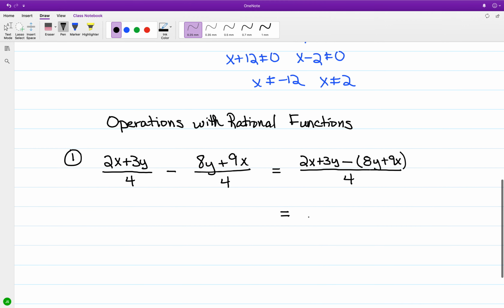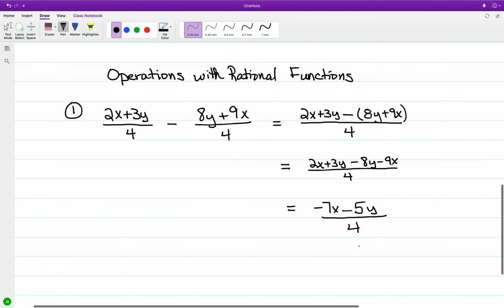So once we put it all together, we have 2x plus 3y minus 8y minus 9x, all over 4. Combining like terms, 2x minus 9x gives negative 7x, and 3y minus 8y gives negative 5y, over 4.